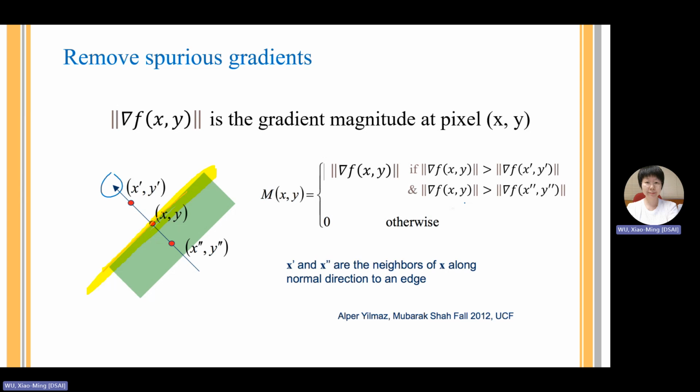So we are comparing along this gradient direction. We are comparing this value with this value and this value.